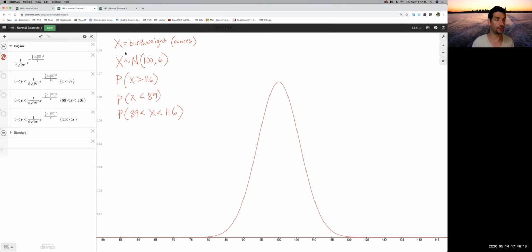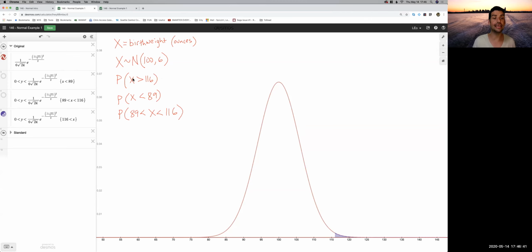That's the goal of what we're doing right now. Let's have a picture of these first, though. So above 116 ounces, what that means we're trying to compute, it's pretty small, but you'll notice down in the lower right of this curve, there's a purple shaded area that I'm turning off and on right now. That's the area above 116, and that's what represents this probability.